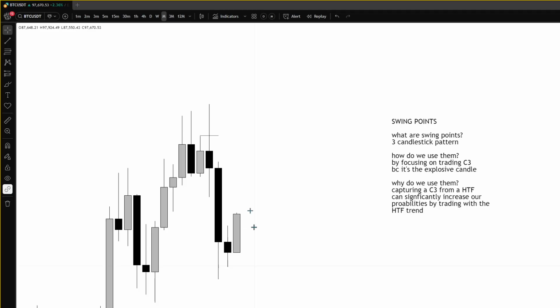Okay. So the market likes to move in this kind of way where we have an accumulation, a manipulation, and a distribution, right? Accumulation is a low movement, manipulation is false movement, distribution is explosive movement.